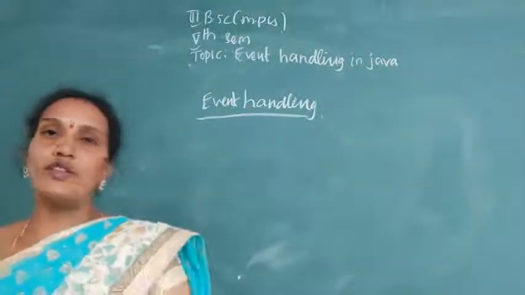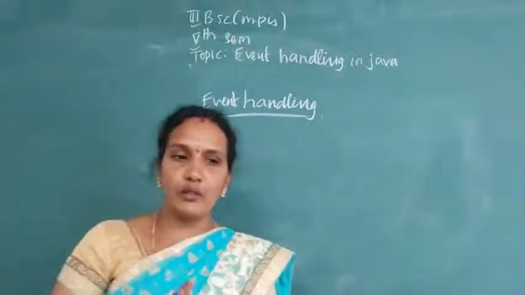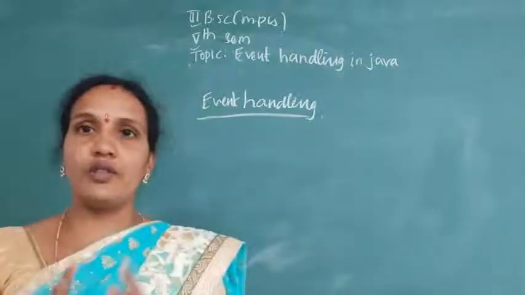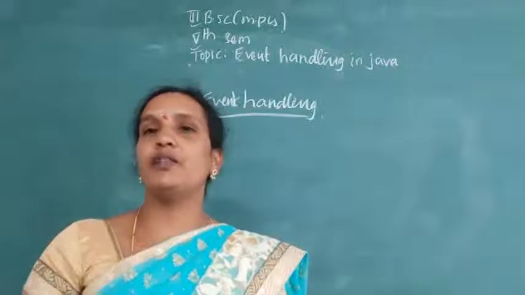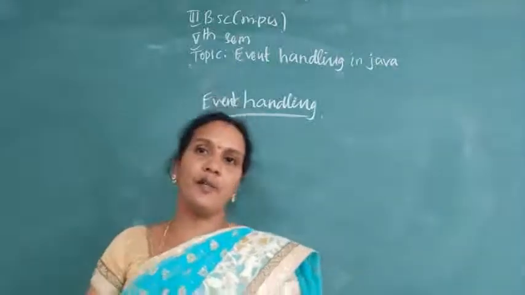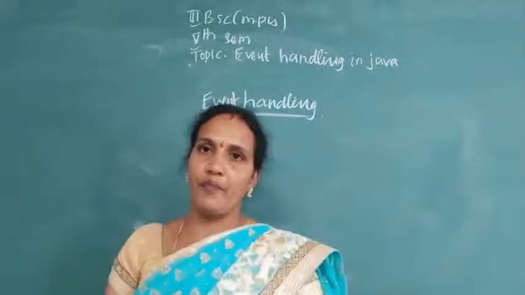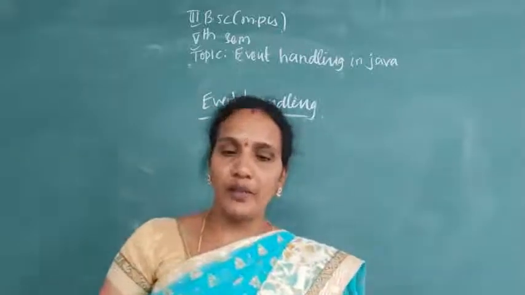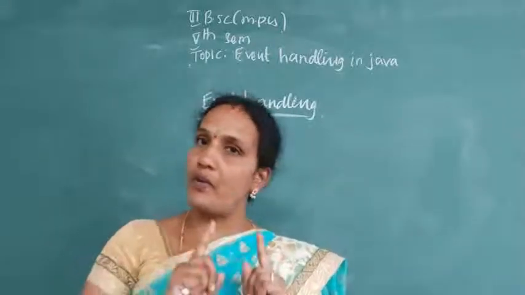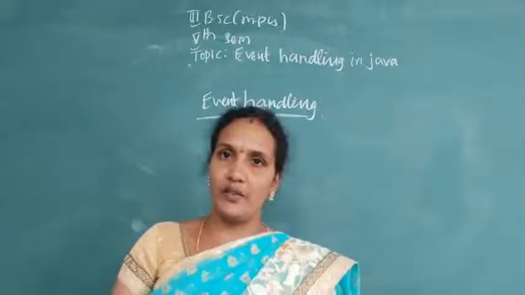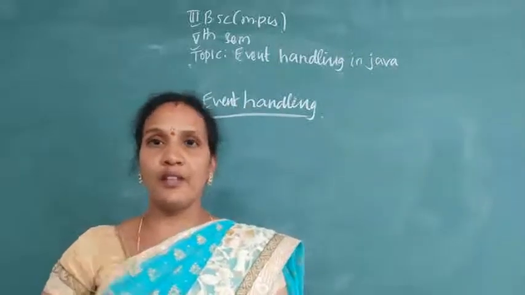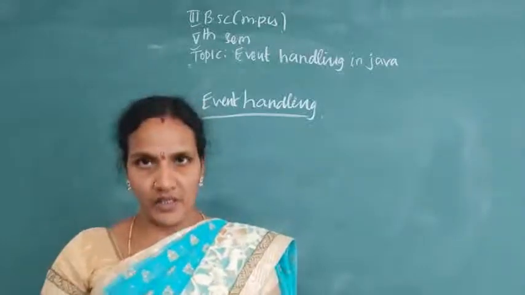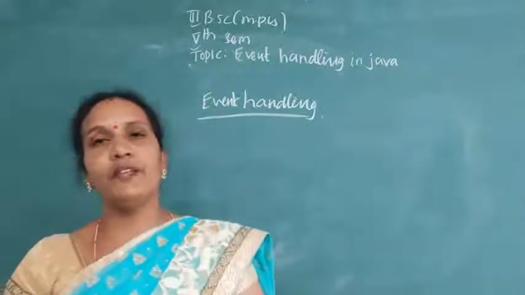So what should be performed when the event is occurred by the user is nothing but event handling. Okay. So what is an event? Whatever actions are performed by the user are called an event. When the user performs any action, what should be done from the software side, from the Java side, is nothing but event handling.